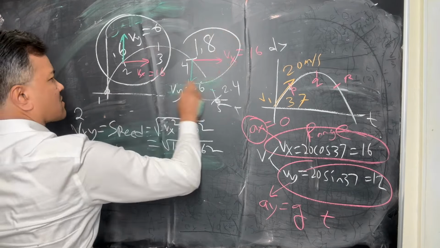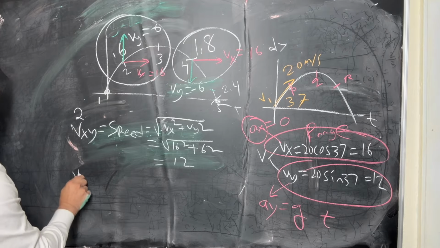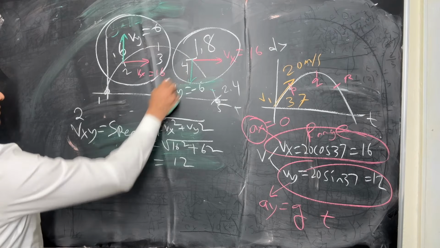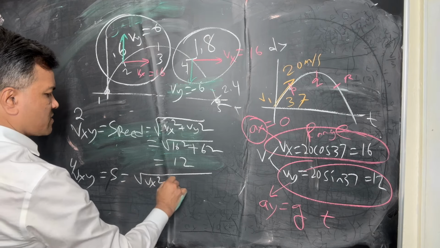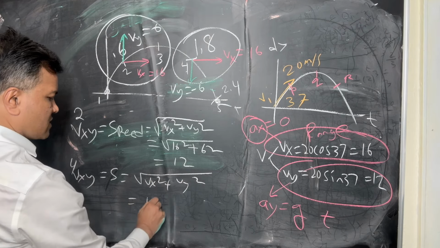Over here is also 17. Vxy at location 4 is equal to speed, Vx square plus Vy square, so this is 16 square plus (-6) square. So this is also 17.